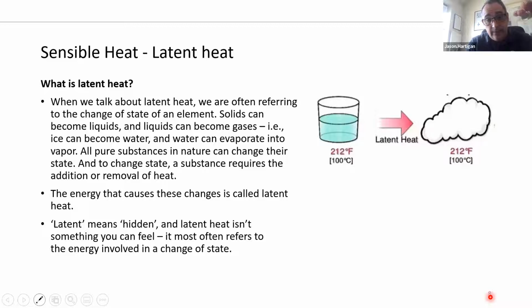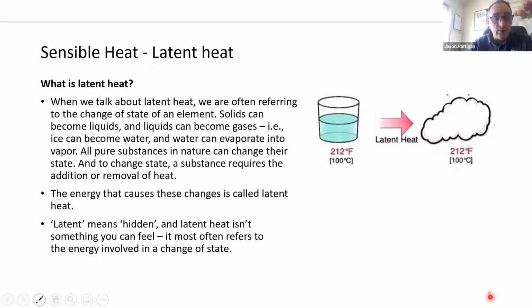So what is latent heat? When we talk about latent heat or hidden heat, we're referring to a change of state of elements. Going back to school, when we were in our science classes, solids become liquids, liquids can become gases, ice can become water, and water can evaporate into vapor. So essentially all pure substances in nature can change their state.